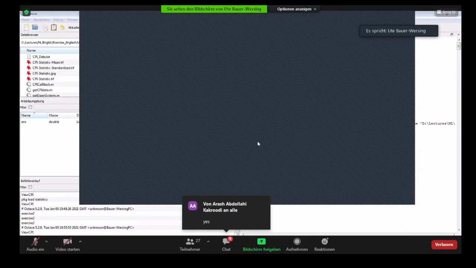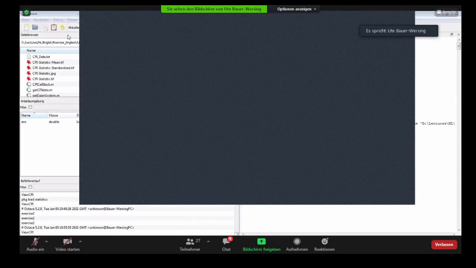Do you see a window showing the data? No. But you see the development tool Octave, yes or no? In the background, yes. In the background and in the foreground? Black screen.